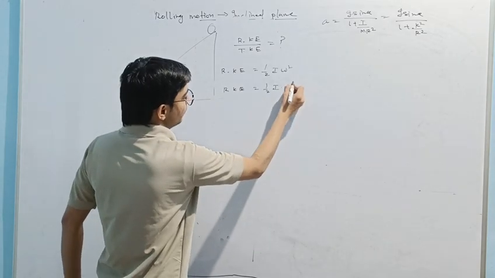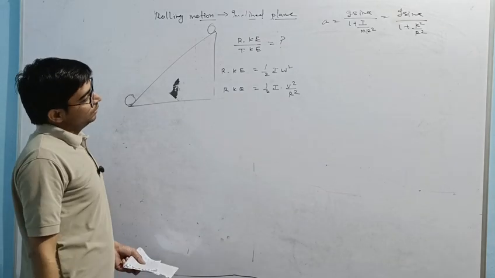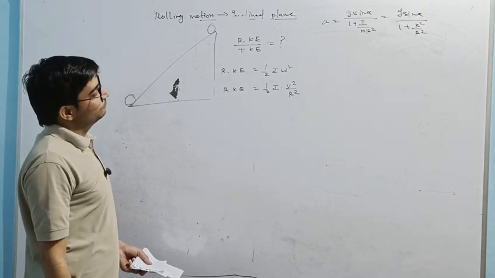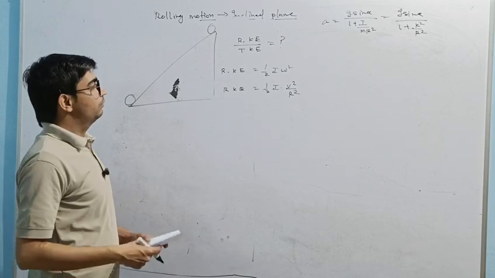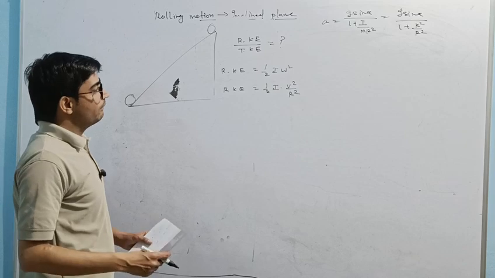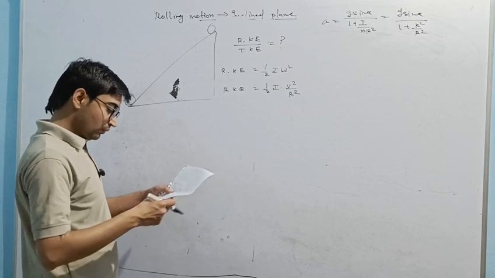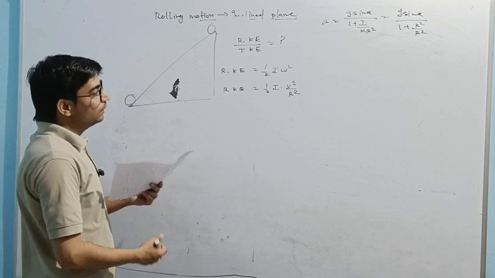Omega square is v square upon r square. It's clear? What is the inertia for a solid sphere? I think it is 2 by 5 mr square.